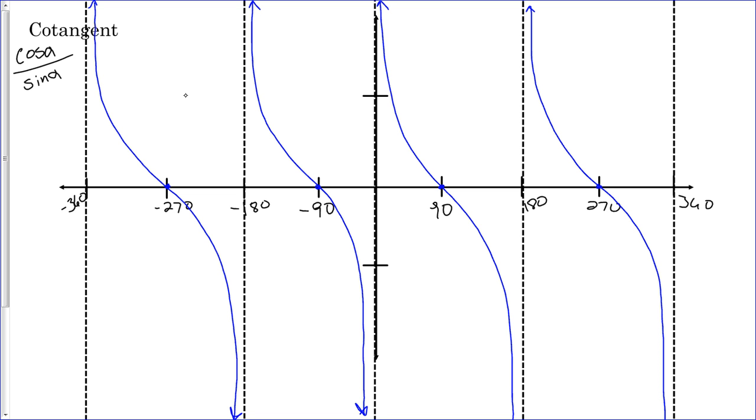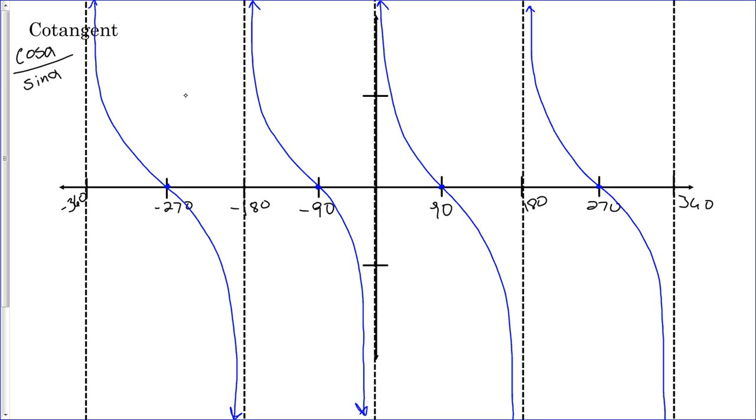If it exists, you know that you don't have an asymptote at 0, so your asymptotes will need to be at 90, 270, negative 90, and negative 270. If you're doing cotangent and you don't get a value, then you know that your asymptotes are going to be at 0, 180, 360, negative 180, and negative 360. Okay? So that's the easy way to do it.